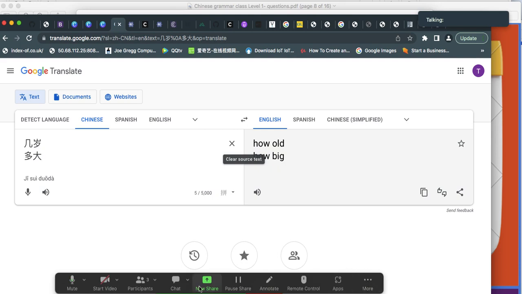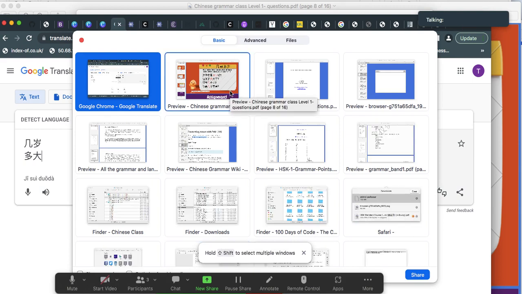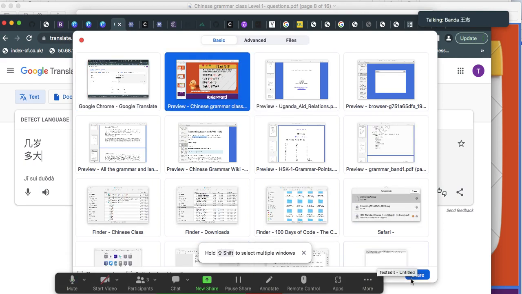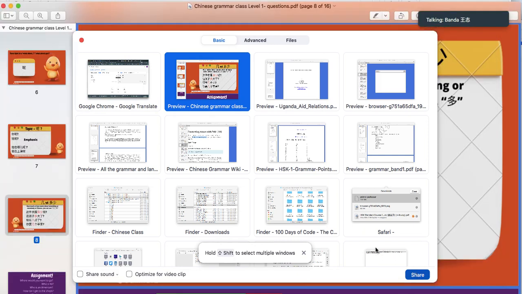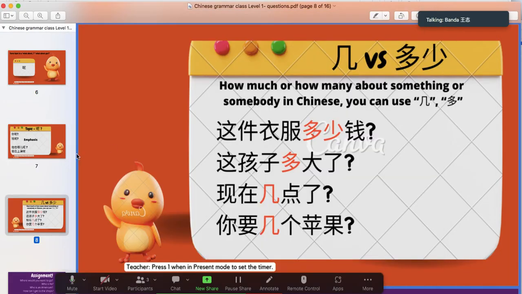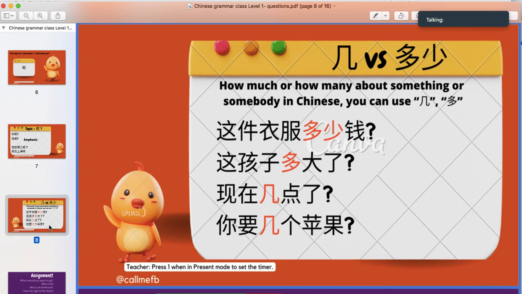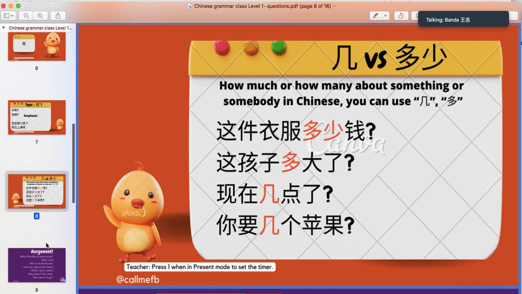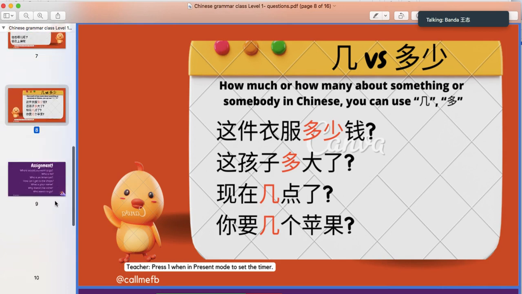Okay, good. So, let's see. I think we can call it a day. I'm seeing here assignment is what's coming next, but I was thinking we could do the assignment.